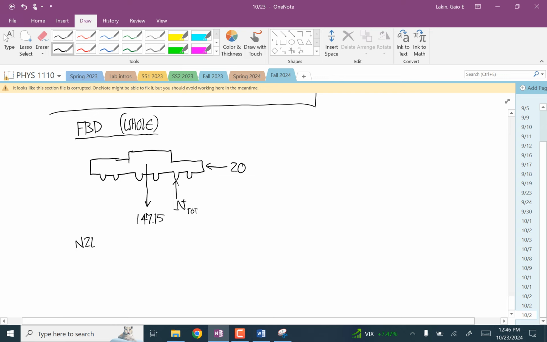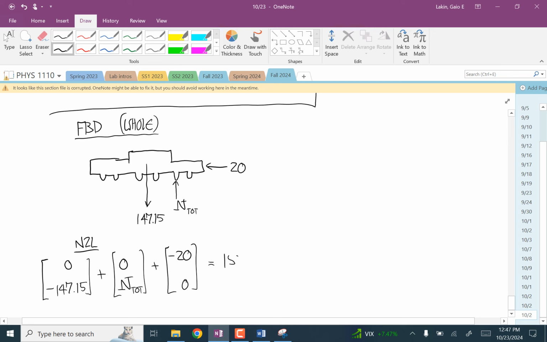Newton's second law says 0, negative 147.15 plus 0 N total plus negative 20, 0 is equal to the mass times the acceleration. Is this system free to move along the X or Y direction? X, so I'm going to call this A, 0.